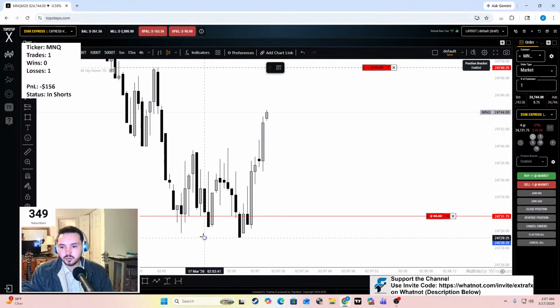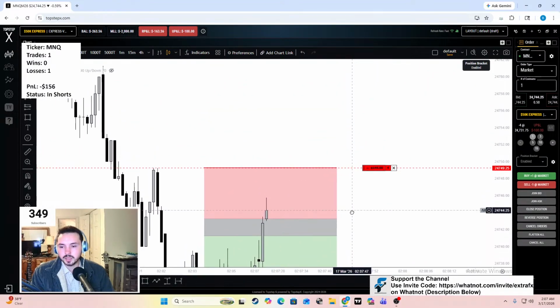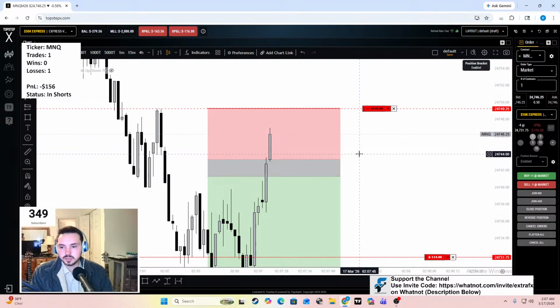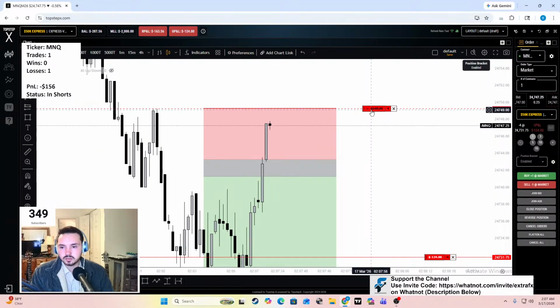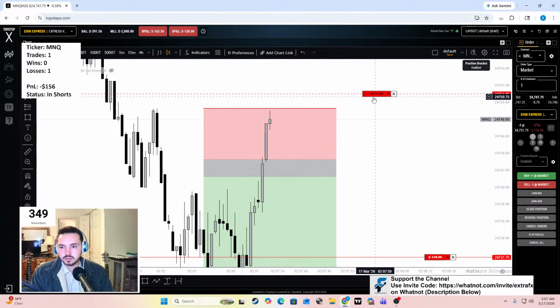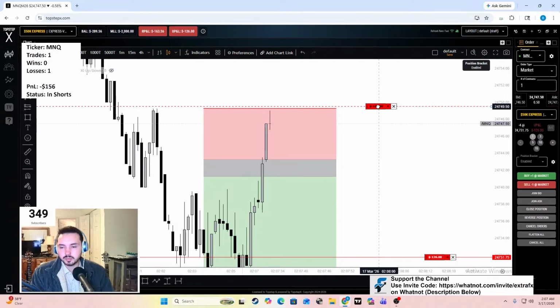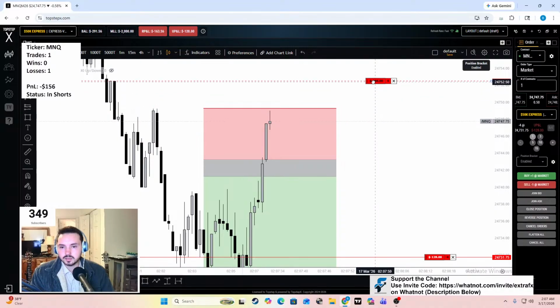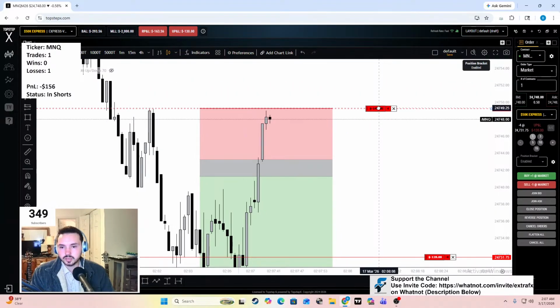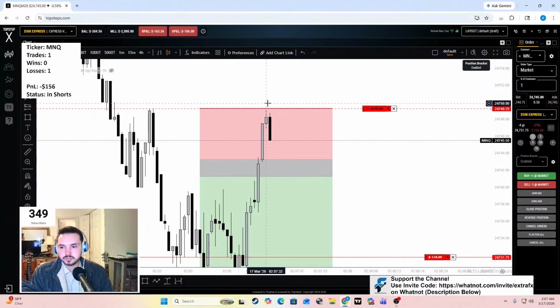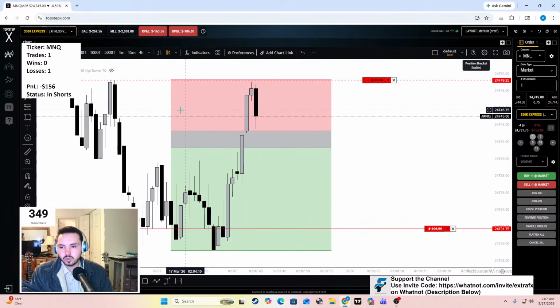Don't like the fact that it moved up that quickly. It's showing me a lot of strength right now, which is not what I want to see. I'm not moving my stop up anymore. It's going to stop me out if it wants to stop me out. Okay, bearish engulfing right there.